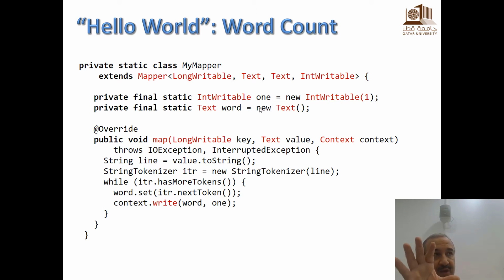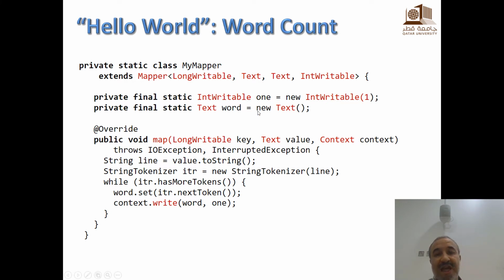So you'll have to be very efficient in that. That's why we define them as static, so they will be defined once per object. And whenever the map function is called, they will just be reused.